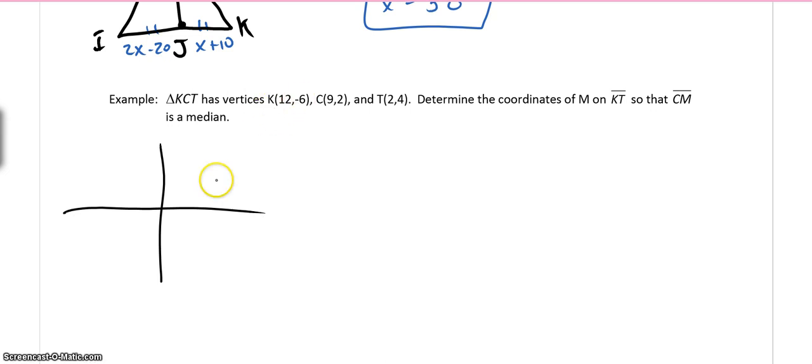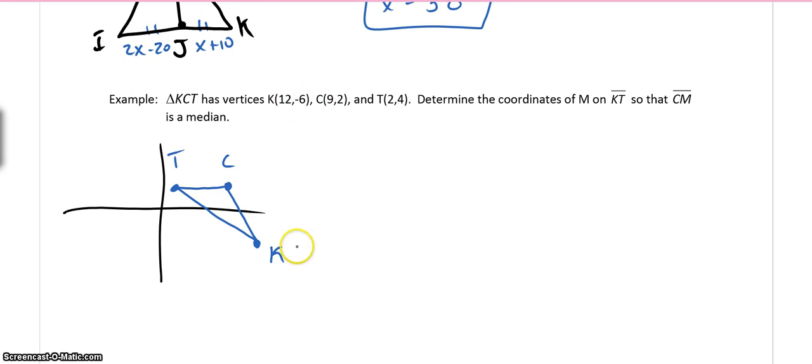We know point K is at (12, -6), so 12 would be out here, negative 6 down here. And let's just get a sense of where we're at. C is (9, 2), so it's less than 12 and up a little. And T is (2, 4), so that would be up over here a little. So connect the dots to draw your triangle, something like that. Not perfect, but it'll do the trick.